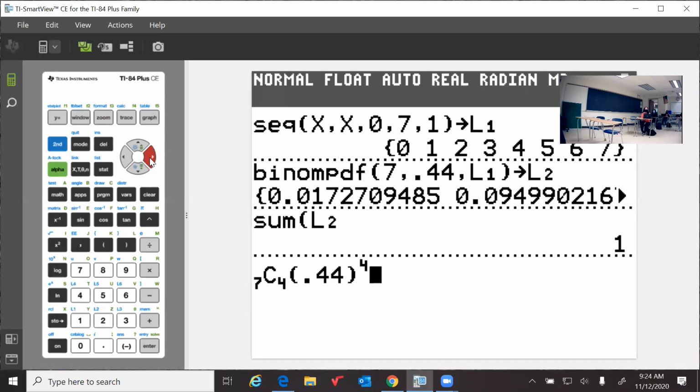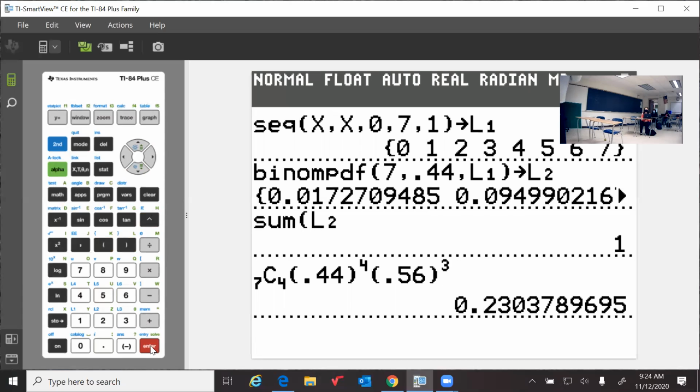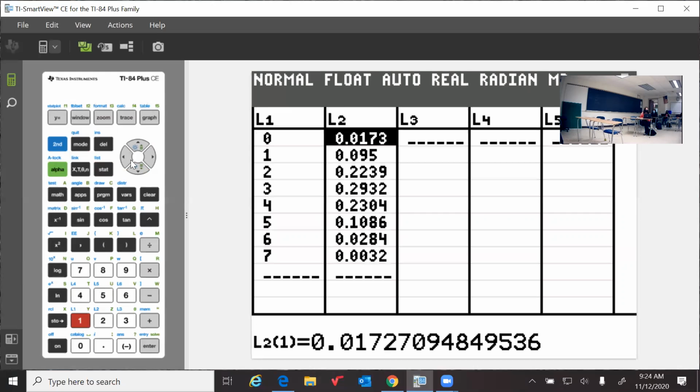What's the probability of failure? 0.56. How many times are you going to fail? 3 times. We would get that answer, a little more than 23%. But if we go here, here is the answer, because they're all there. You put them in the list.